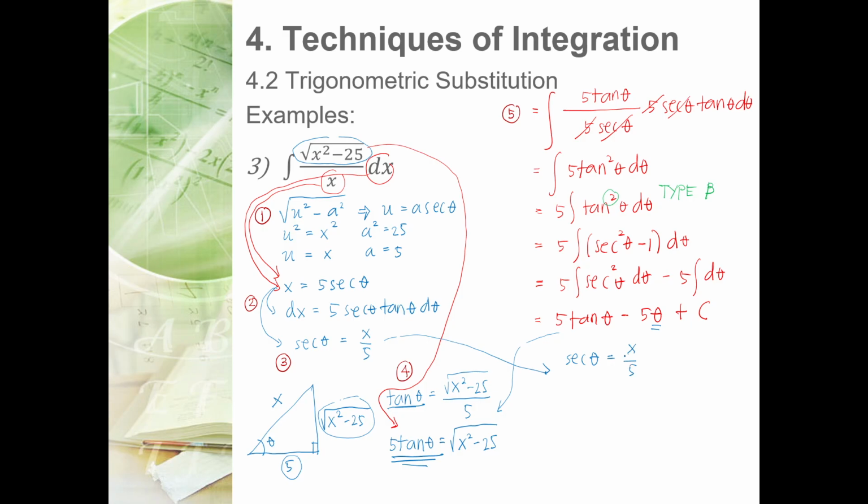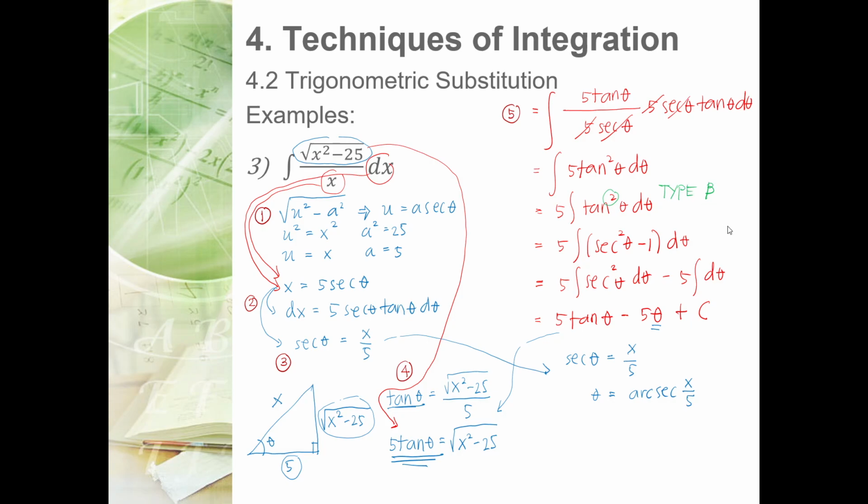If we are looking for the angle, we tend to get the inverse, like tangent to the negative 1. So this becomes theta is equal to arc secant, that's the inverse, arc secant x over 5.